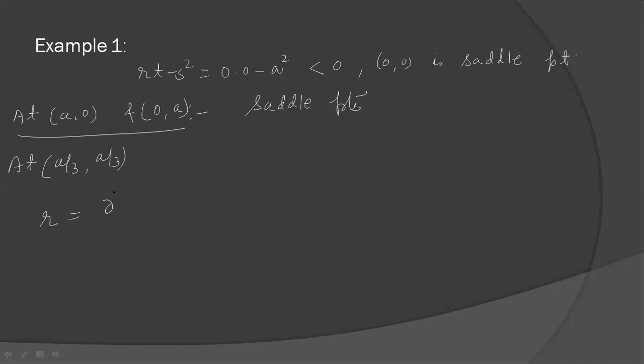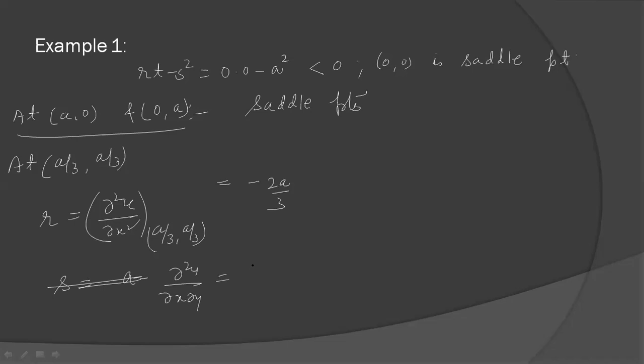So your r will be del 2u by del x square at a by 3, a by 3, which is minus 2a by 3. S, as I have discussed, is del 2u by del x del y, which was a minus 2x minus 2y.